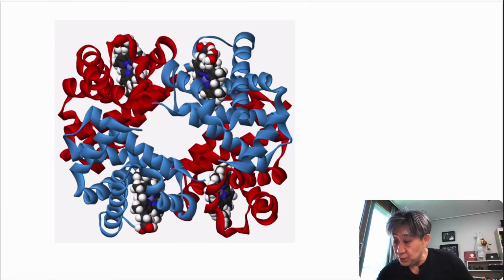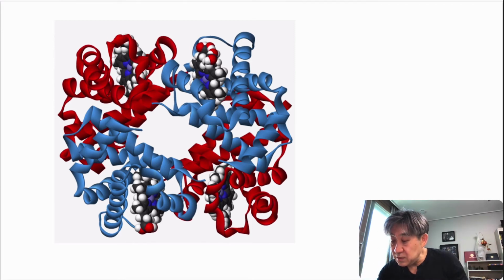Here in blue is the ribbon-like structure. Usually these DNA and protein structures are represented in this ribbon model, as I have shown you several chapters ago. So these blue ones are very highly similar in structure.